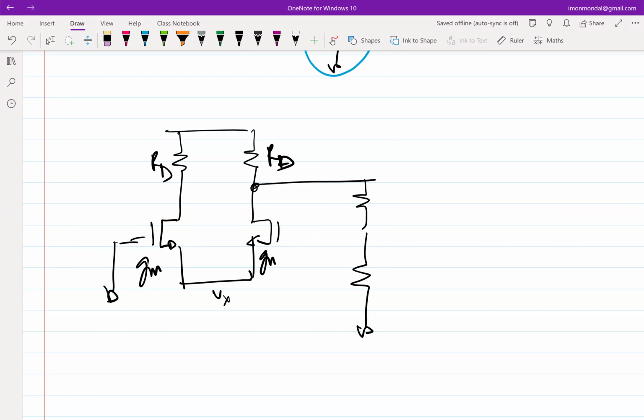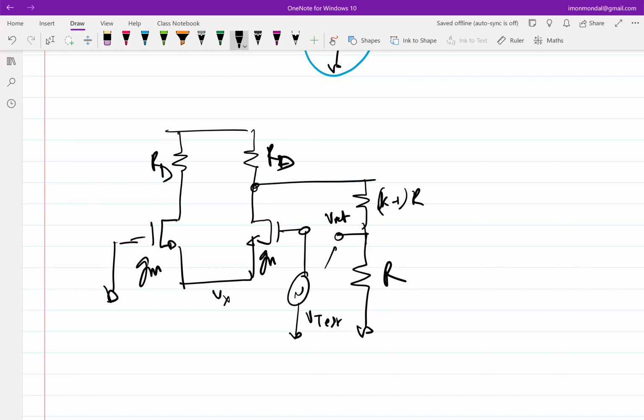So we are breaking the loop here, applying V test, finding out this voltage, which is V return. So now I can do this for this total circuit, or I can use a simplification.